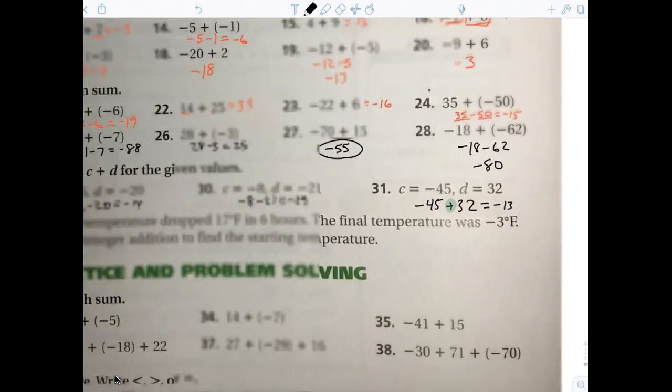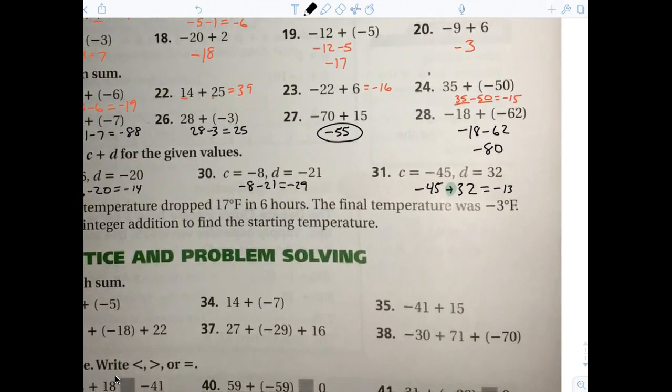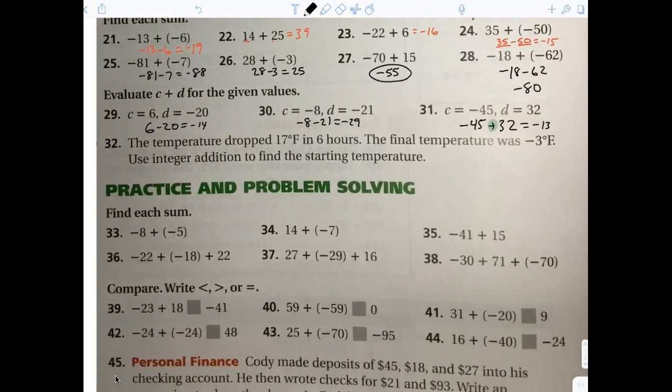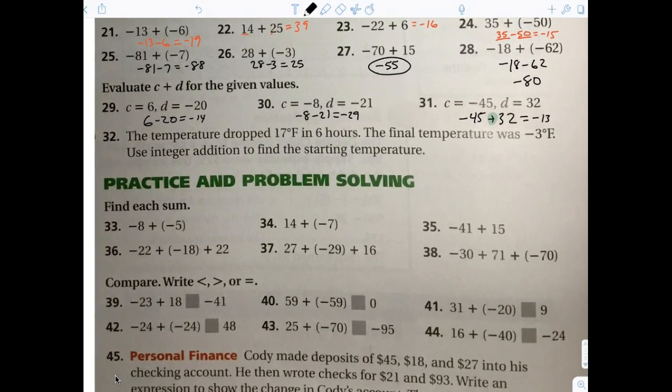Now, what I need you to do is you have to listen to the video, all right, because it'll help you. And jumping in the middle might be kind of hard, okay? So here we go. 32. Let's talk about it. It says the temperature dropped 17 degrees in 6 hours. If it was negative 3 and it dropped 17, what is the temperature?